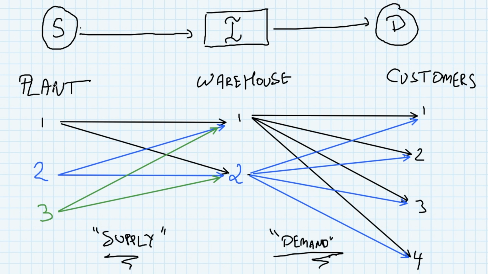As in the transportation problem, each path comes with a cost, right? So let's say the cost from plant 1 to warehouse 1 is 4. From plant 1 to warehouse 2 is 7, and so on. I'll just throw in some random values.